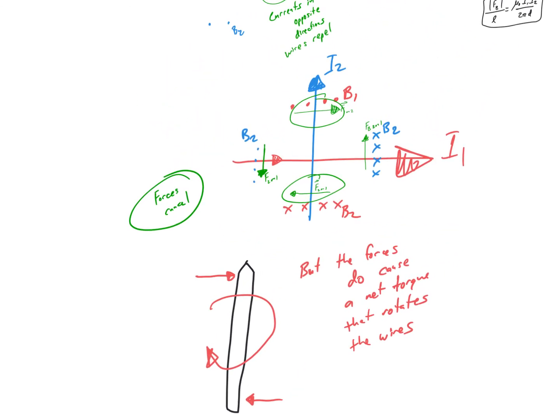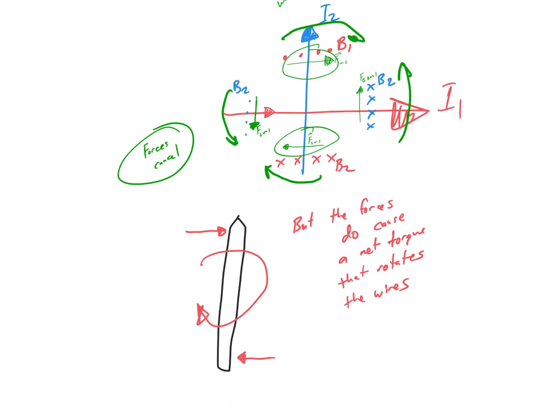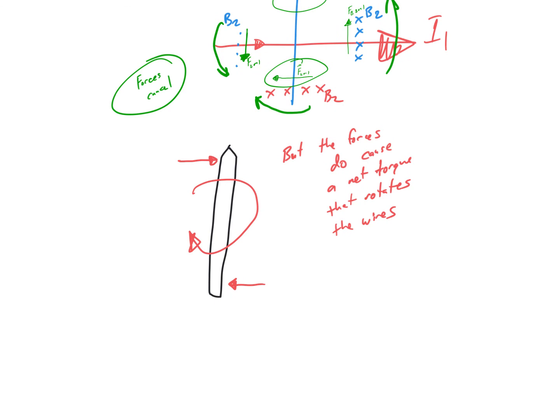Well, I see these sides rotating towards each other. I see the other sides rotating towards each other. They rotate the wires to align the currents and their magnetic fields.